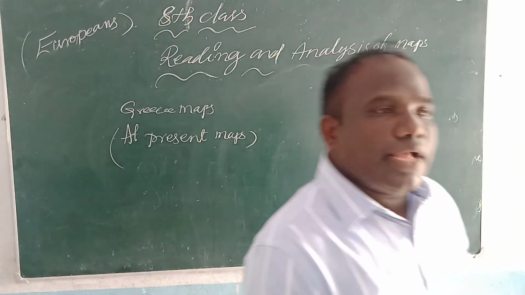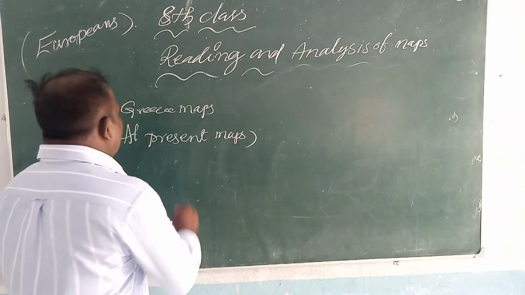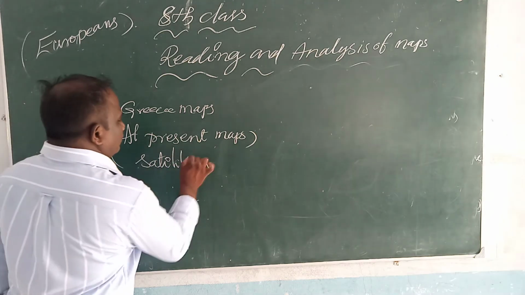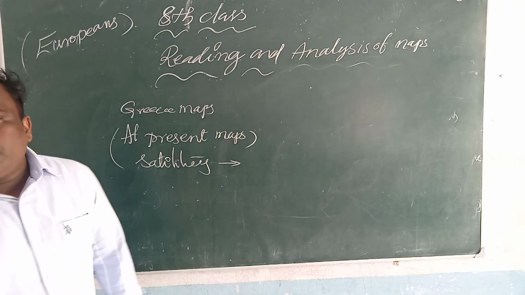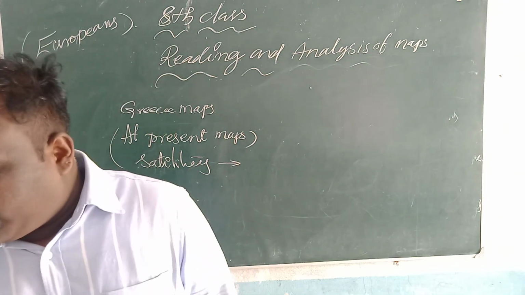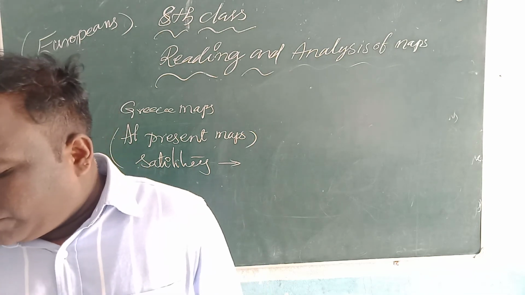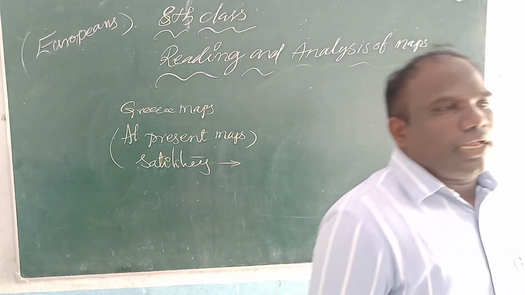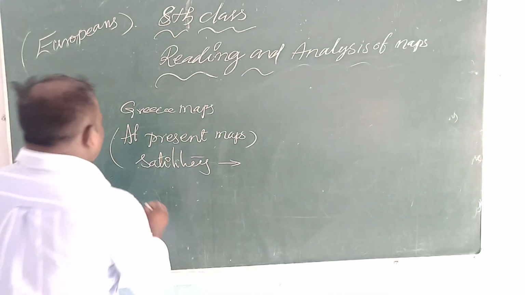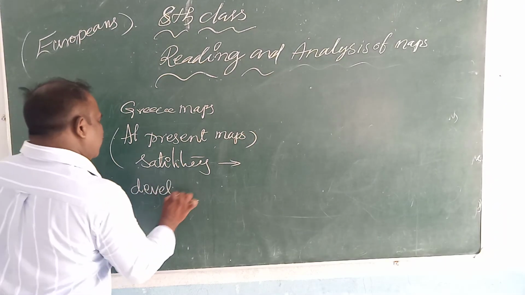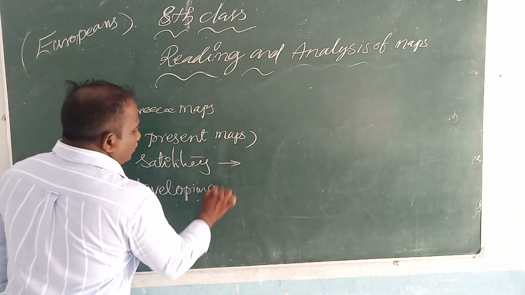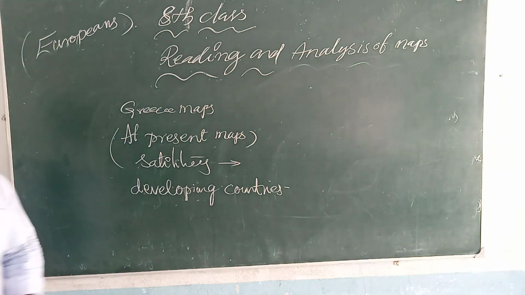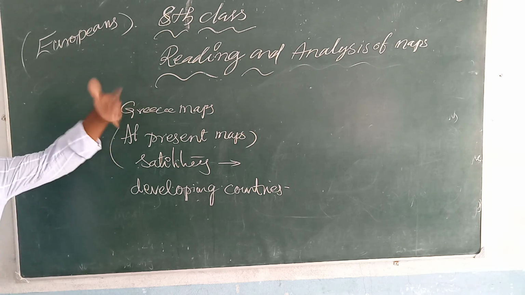Maps are used extensively by developing countries. So this is the present-day map, and that is the Greek map.